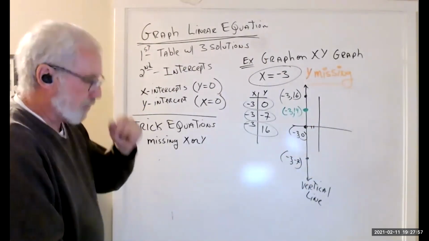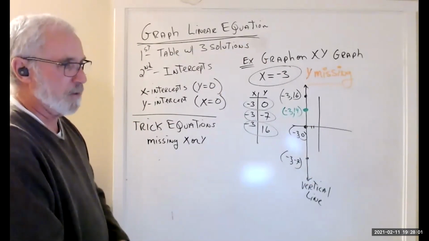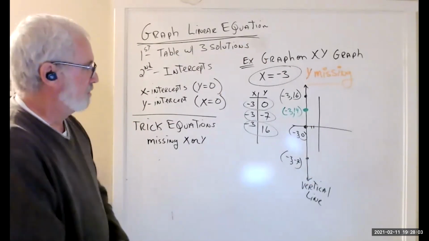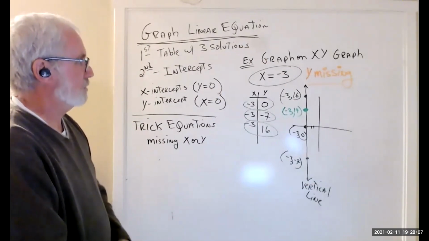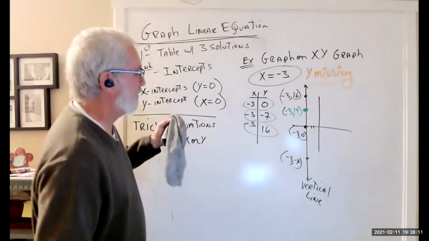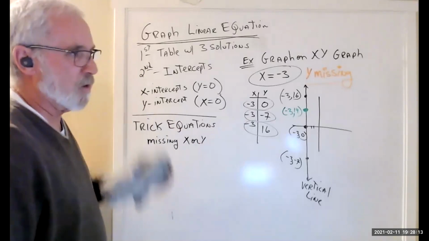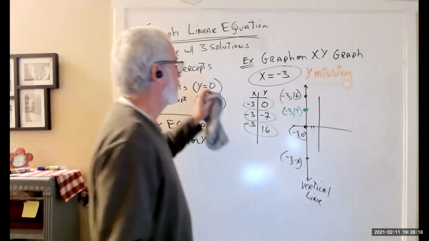All right, I need to erase that because I'm going to have you guys do another problem on your own. But questions on that one? No. Okay. I hope you have it in your notes. And I'm going to give one for you guys to try on your own.